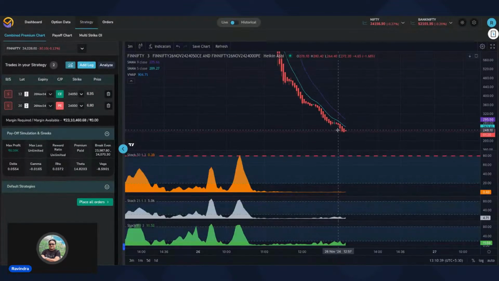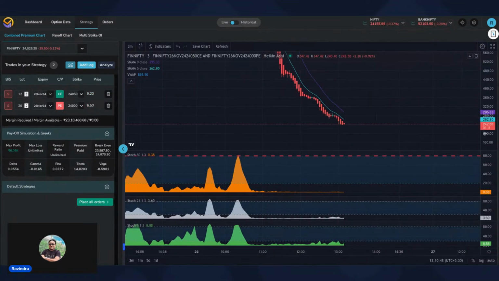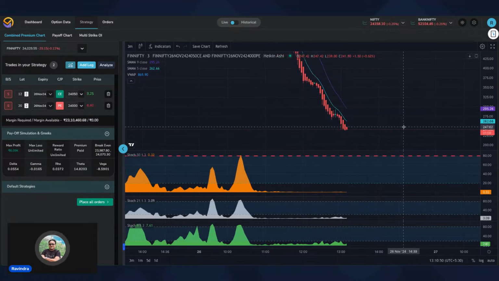Here we had one green, and then here we had one green at about 12:18, and then one more at 12:51, a gap of almost 30 minutes, but otherwise it's predominantly red candles, which is good.